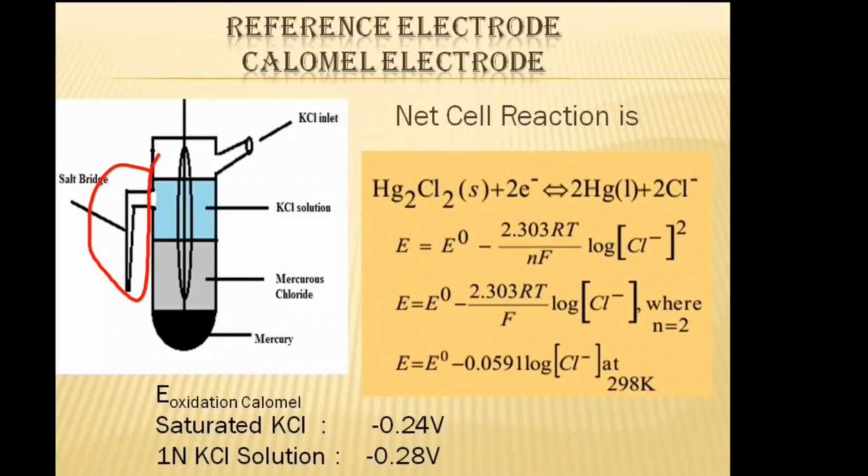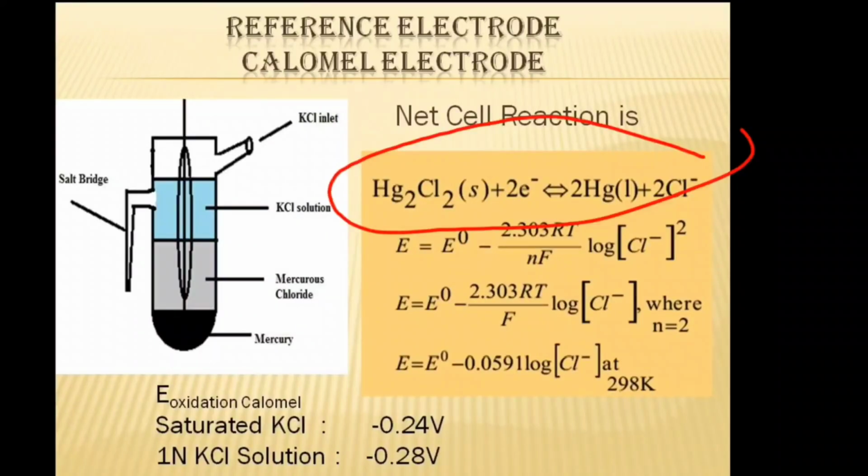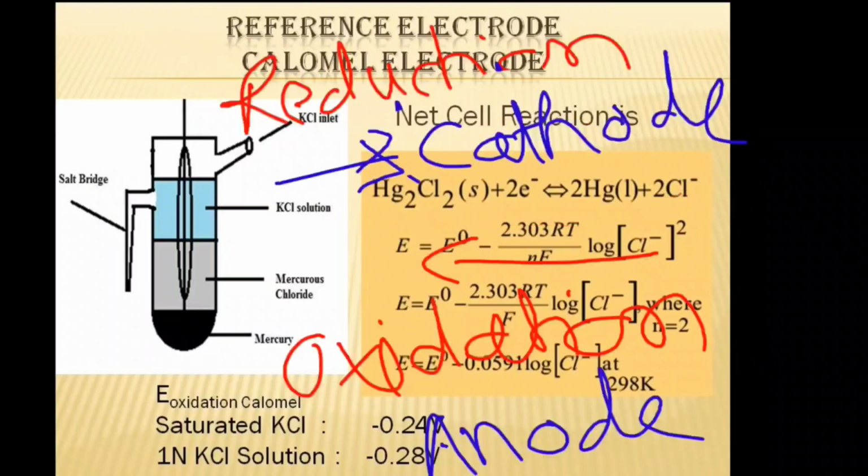This is a salt bridge and this one is the inlet for KCl solution. Now let us discuss how it works. This is the reaction that takes place on this electrode. Now here you see, the electrode may act as an anode or it may act as a cathode according to the situation.